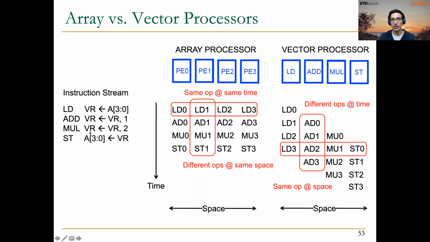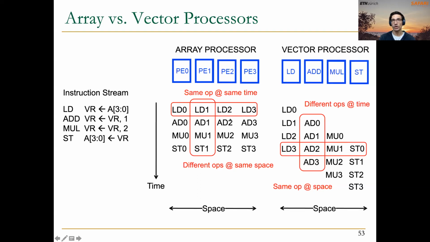How do we execute this on a SIMD processor? It depends on whether this is an array processor or a vector processor. In the case of the array processor, we have multiple processing elements. All of them are exactly the same, and all of them are able to execute different types of instructions. And this way, in the first cycle, we issue the vector load instruction that is going to be mapped and executed on these 4 processing elements at the same time for the 4 elements that the vector register contains.